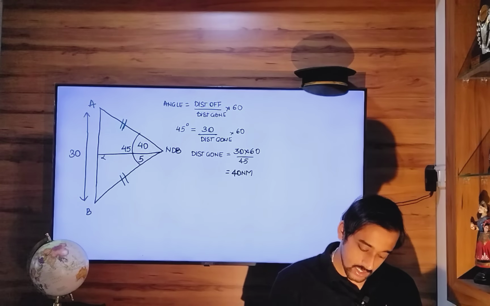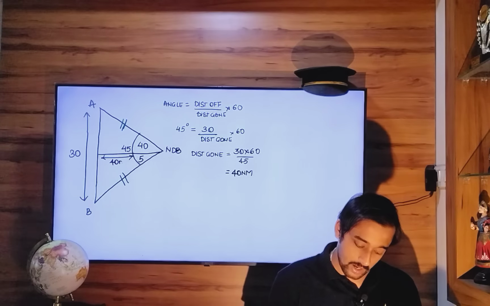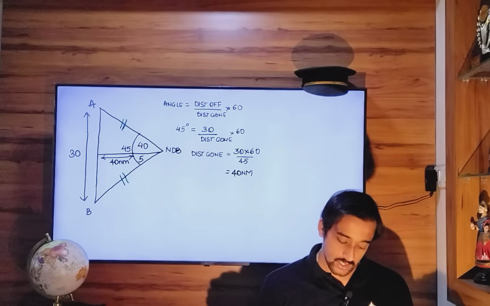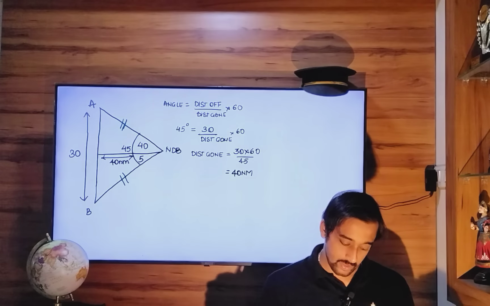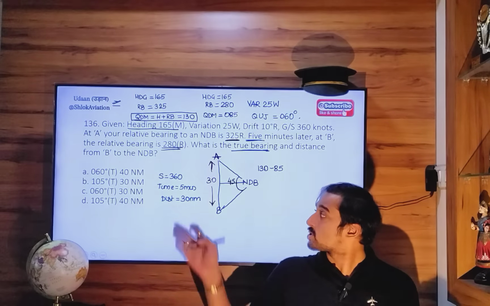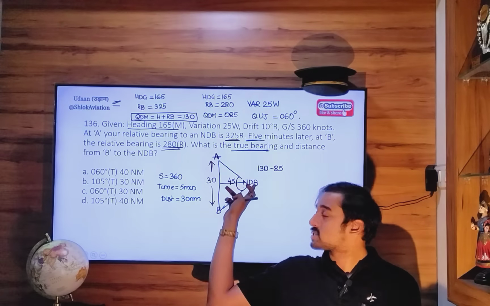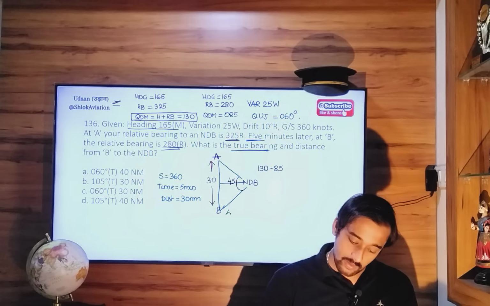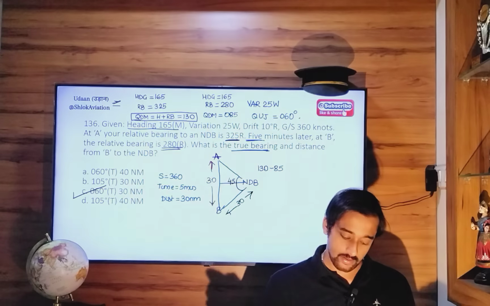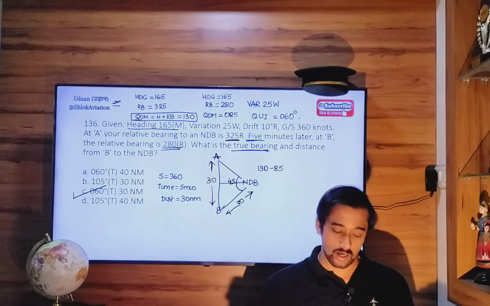So this distance is 40 nautical miles. It is an isosceles triangle, so side AB will be equal to this side, so this will also be equal to 30. So the correct answer will be option Charlie.